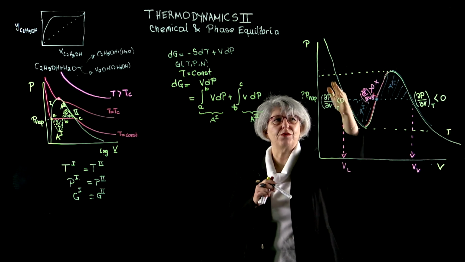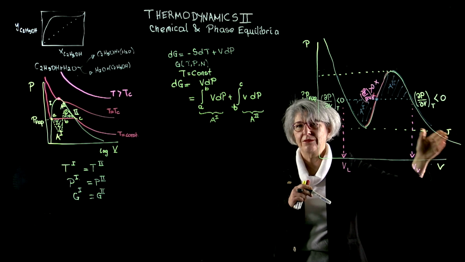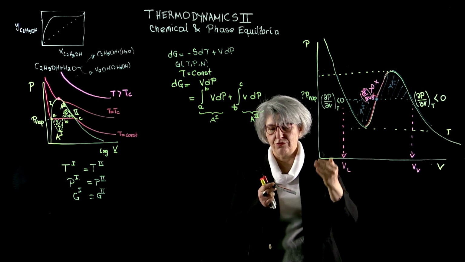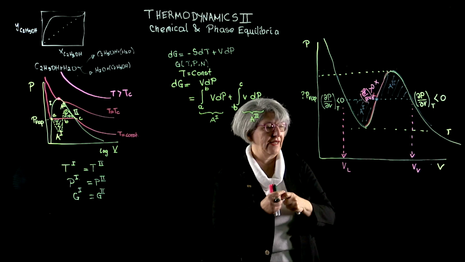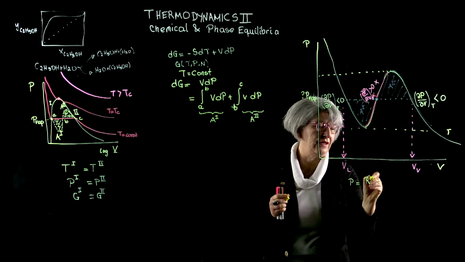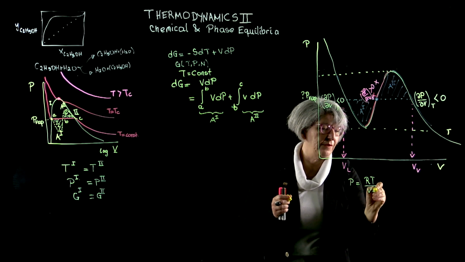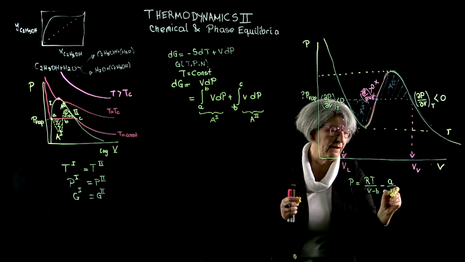Generate a plot of P versus V at constant temperature, which is accessible through an equation of state, such as van der Waals equation of state. Let us write here, P is equal to RT over V minus B minus A over V square, right?